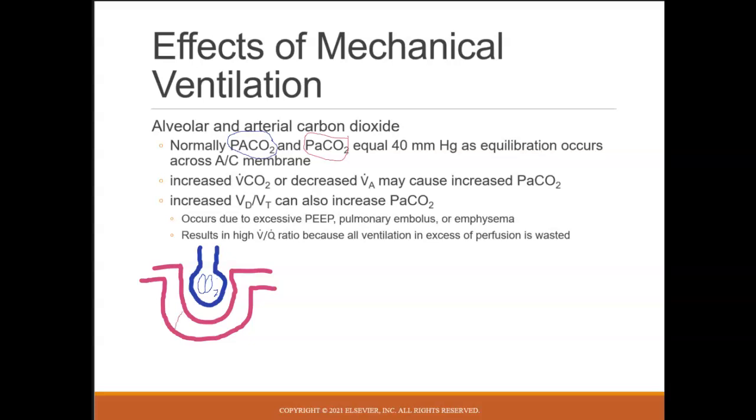If you have a blood clot right here, even though alveolar ventilation is staying the same, this blood isn't coming in contact with my alveoli, so the CO2 can't pass into this alveolar space. When that happens, my PaCO2 is going to increase.